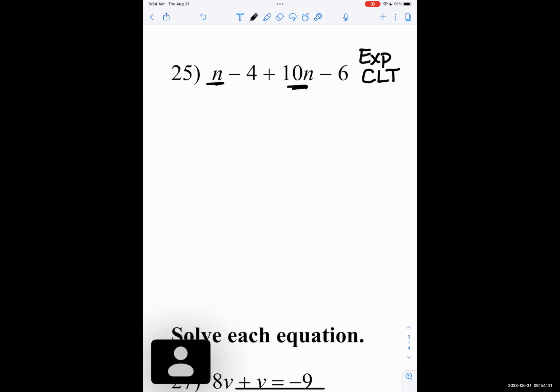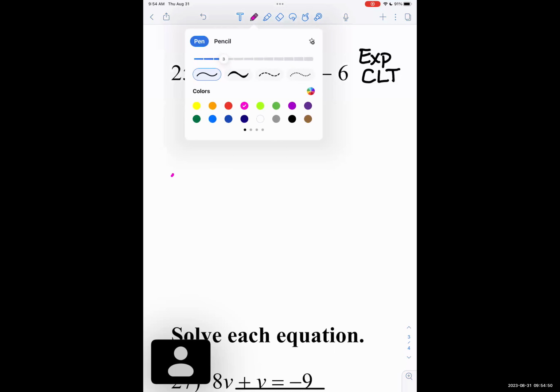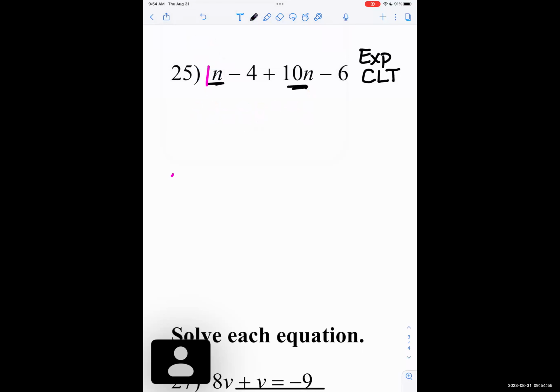Okay, so I'm going to put an invisible 1. So we have 11n.